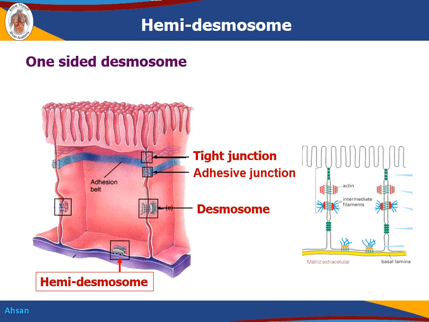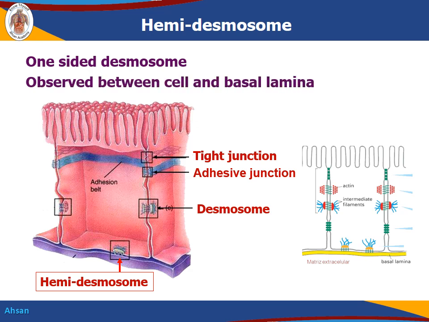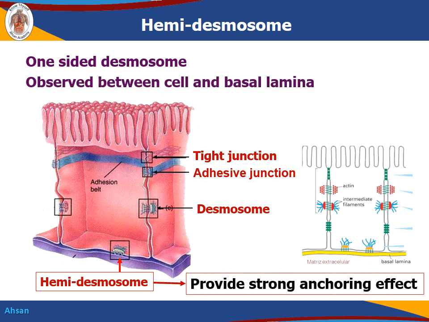So cytoplasm is present on one side, and this type of junction is known as hemidesmosome because it looks like a desmosome but has only one side. It anchors the basal part of the cell with the basal lamella. Its function is to provide a strong anchorage effect with the basal lamella or basement membrane.